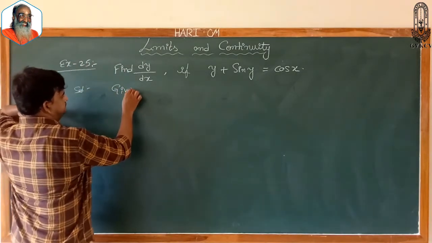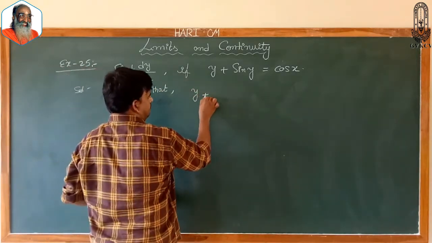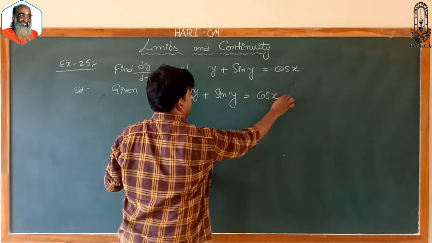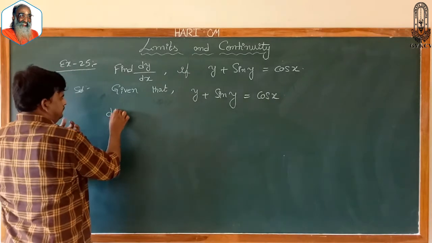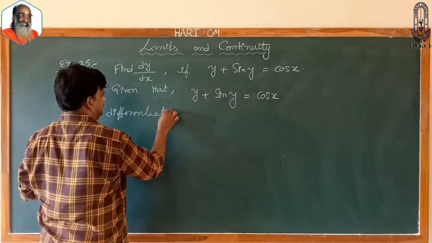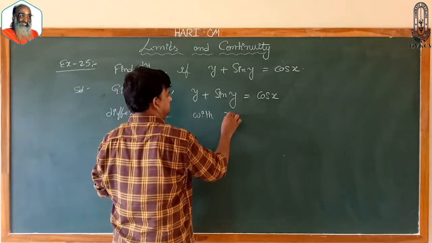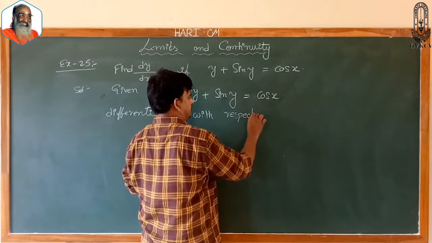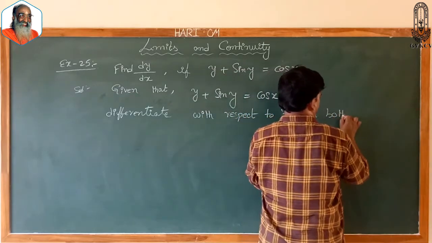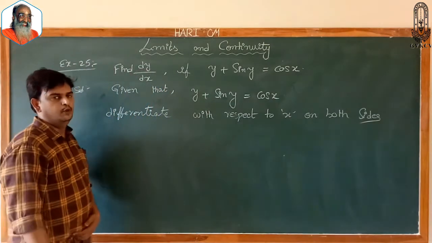Now let us differentiate here. Given that y plus sin y is equal to cos x. Here also differentiate with respect to x on both sides.